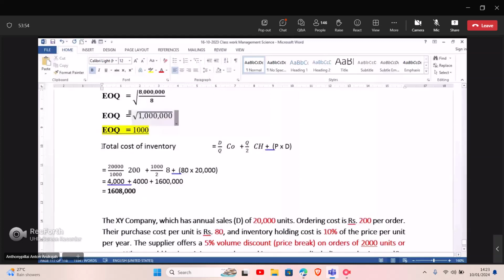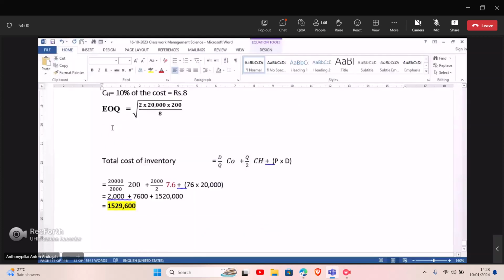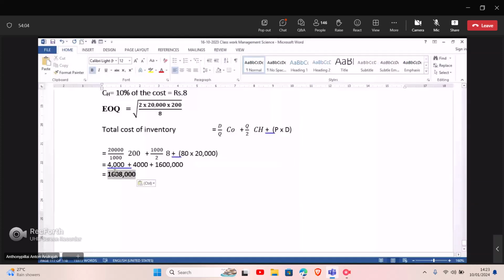So this is the previous example, the previous exercise is connected with that. This is the cost, right? So without the discount, we directly calculate.